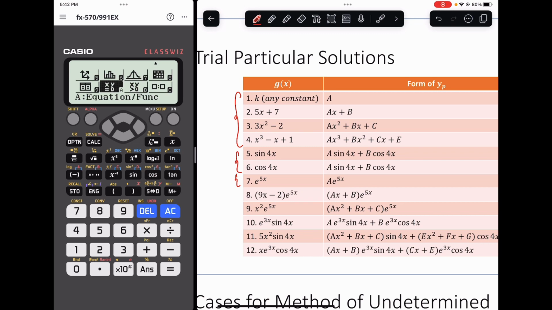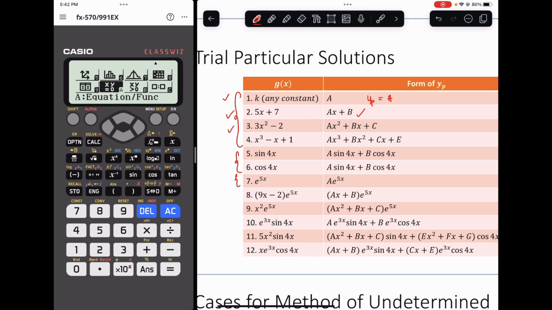For example, if I just have a constant k, then my trial solution yp will be equal to A. That is for a constant. If it is 5x plus 7, let's say that is a polynomial, then we'll have Ax plus B as our trial particular solution. But then there are cases like, for example, this, where we have 3x squared.